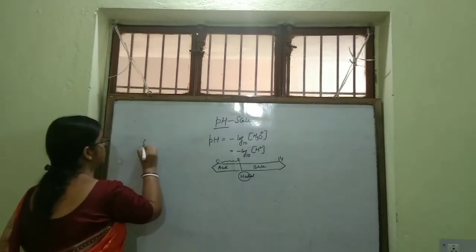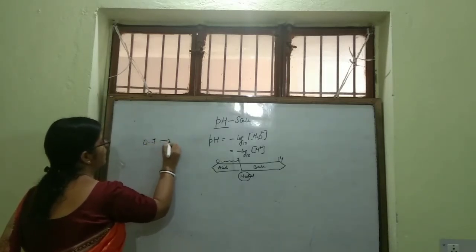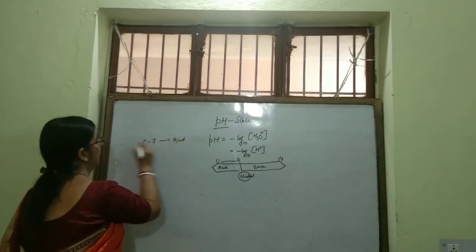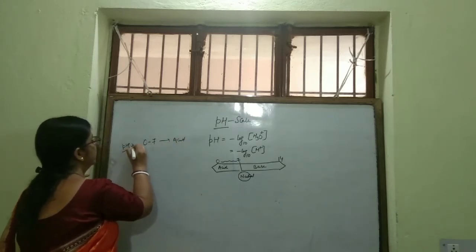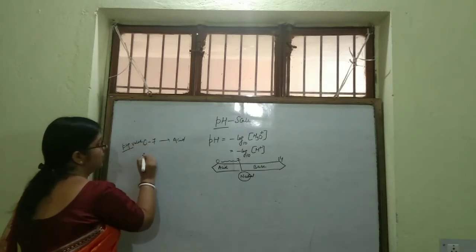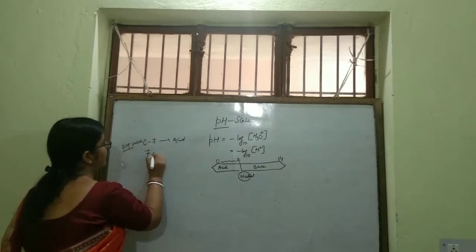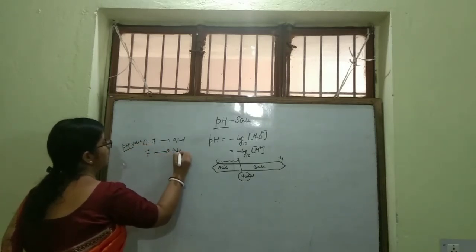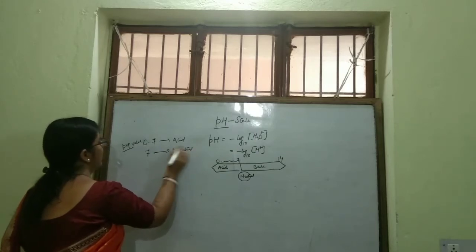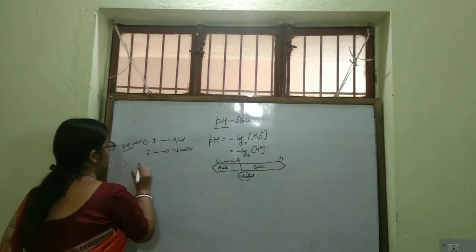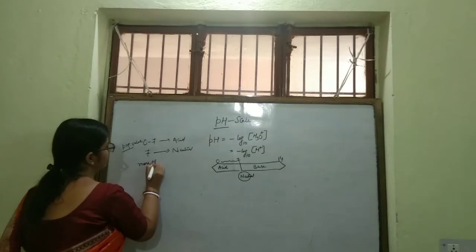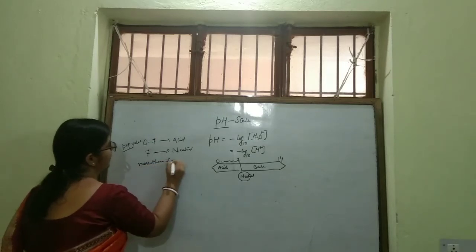So, 0 to 7 is acid, 7 is neutral, and more than 7 is base.